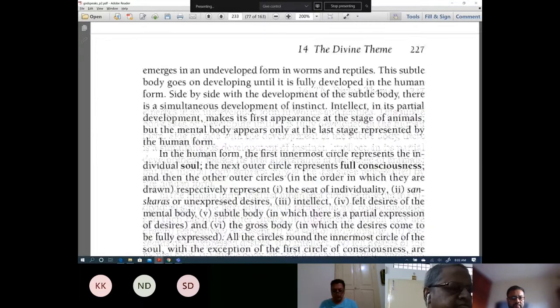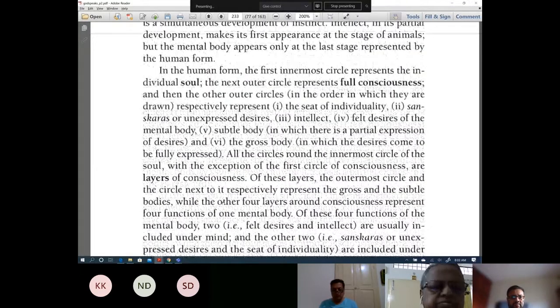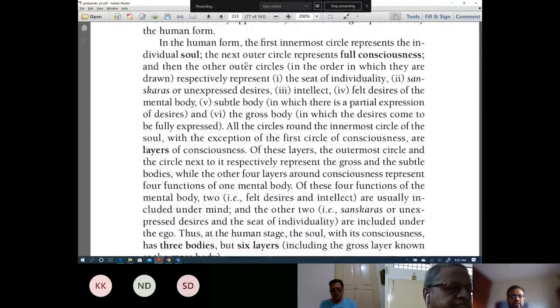In the human form, the first innermost circle represents the individual soul, the next outer circle represents full consciousness, and then the outer circles, in the order in which they are drawn, respectively represent the seat of individuality, sanskaras or unexpressed desires, intellect, felt desires of the mental body, subtle body, in which there is a partial expression of desires, and the gross body, in which the desires come to be fully expressed.